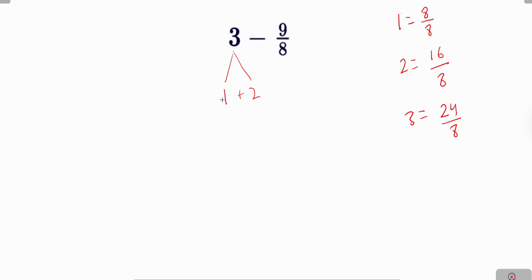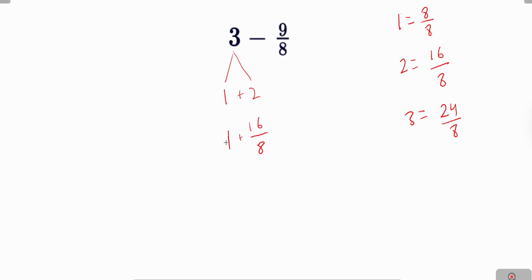I'm not going to say 2 plus 1 because if I have 8 eighths over here, I cannot do 8 minus 9. So instead, I'm going to say that this is going to be 1 whole plus 16 eighths.